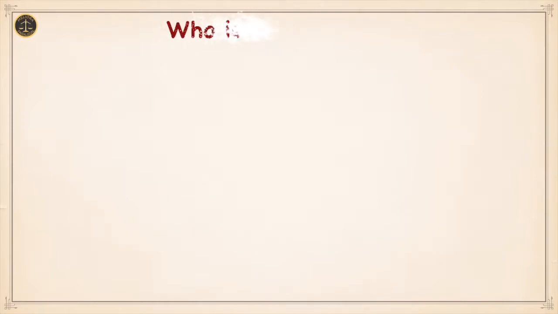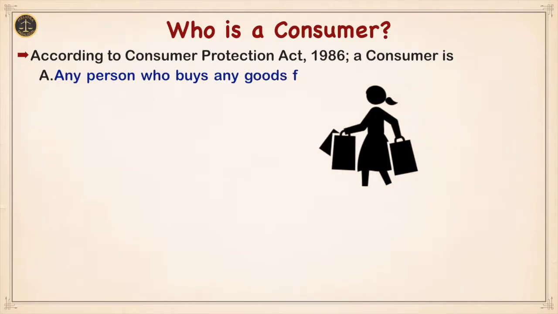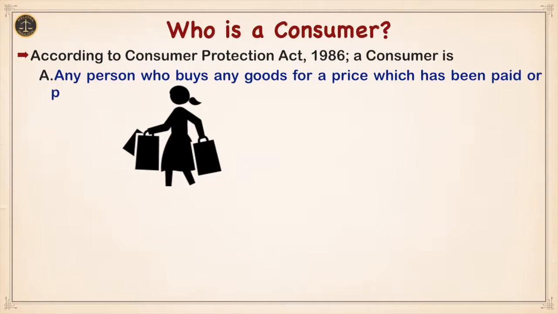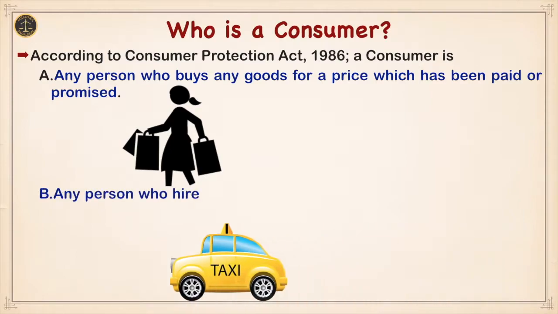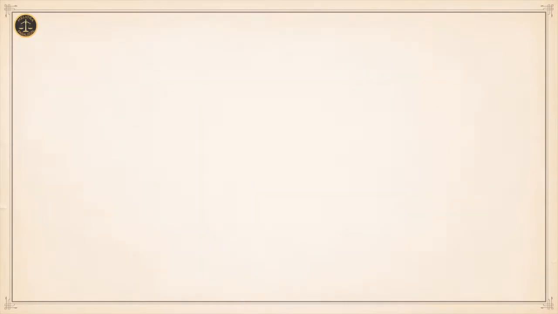So, let's start with the question, who is a consumer? According to the Consumer Protection Act 1986, a consumer is any person who buys any goods for a price which has been paid or promised, or any person who hires or avails of any services for a price which has been paid or promised. However, there is an exception.